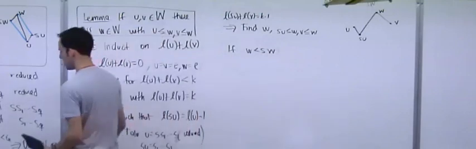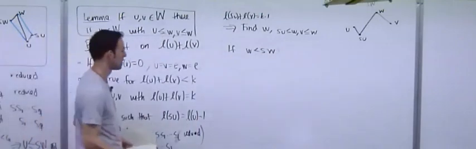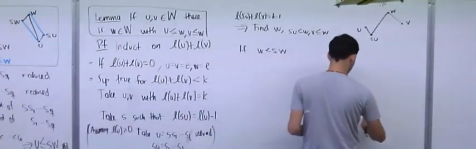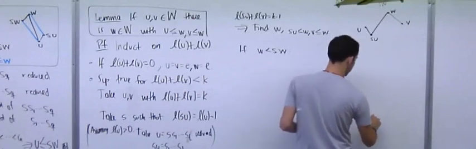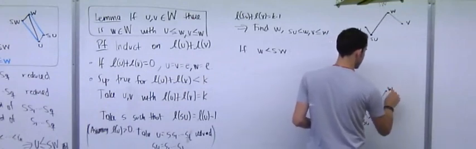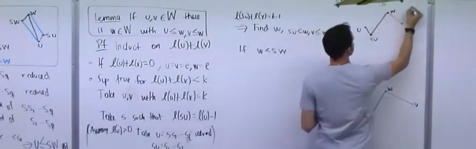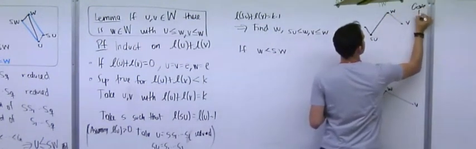So first, let's assume that the picture actually looks like that. If the picture actually looks like that, let me draw two pictures because there's going to be two cases. So that's my first picture, and then this is going to be my second picture. So in the first case, here's case 1.